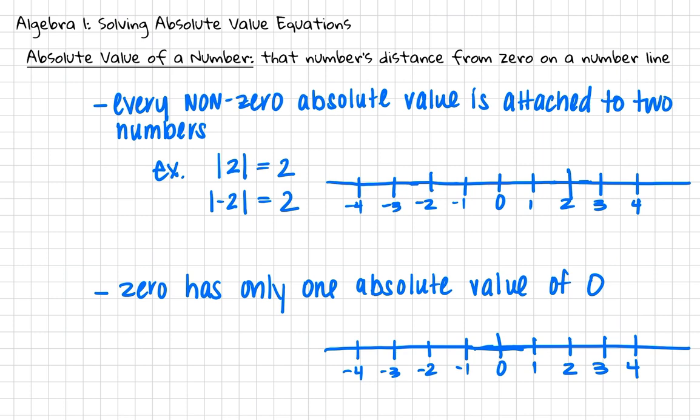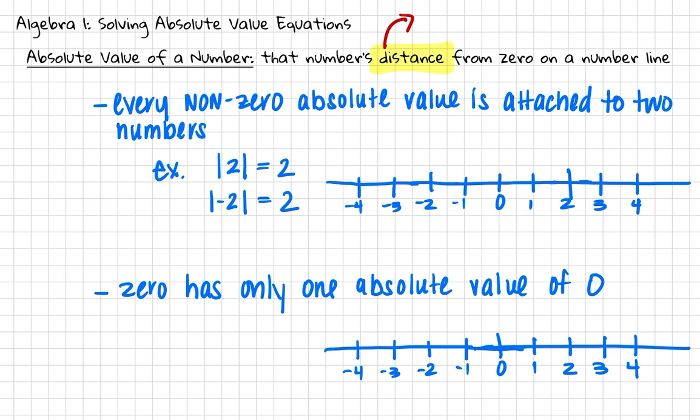So let's get into the actual lesson where we talk about absolute value of a number. The absolute value of a number is that number's distance from zero on a number line. Keyword here is distance, and I have, for visual purposes, a number line. But I'm going to highlight distance because I want you to mentally take note that you can't go a negative distance.